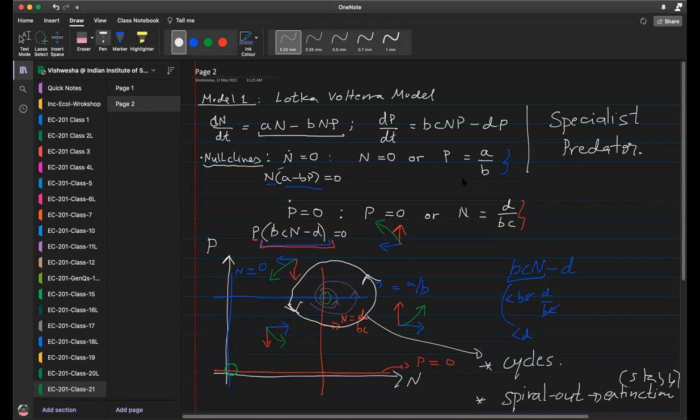So this prey has only one predator and this predator has only one prey. These kinds of systems are typically present in temperate areas. For example, in cold deserts, you have literally one type of fox and one type of rabbit, and nothing else. So these kinds of models are really applicable in those cases.